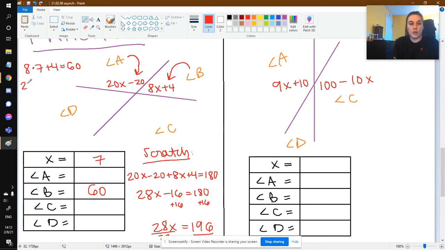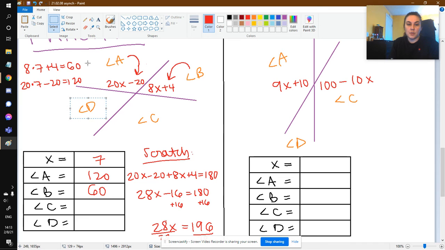And then 20 times 7 minus 20 is 140 minus 20 is 120. And now we get to say, because they're vertical angles, angle A and angle C are going to be the same. These are equal, and these are also equal. So I just get to write for free that C is 120 and D is 60.